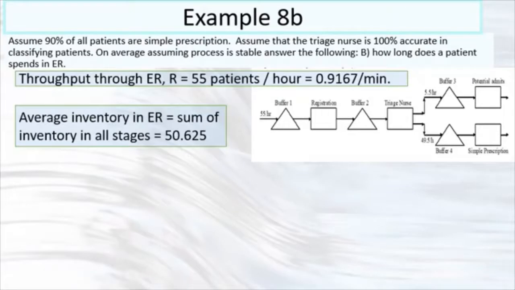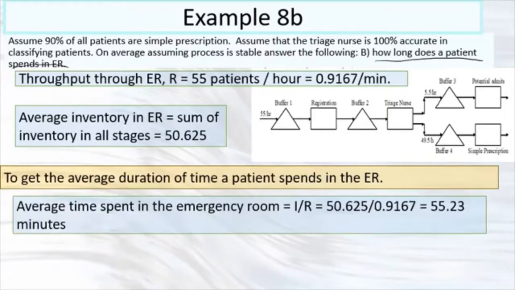Now we're assuming again that 90% of all patients are simple prescription. How long does a patient spend in the ER? There's a shortcut to answering this question. Instead of going through every stage, calculating the time and adding, we can just look at the overall system.